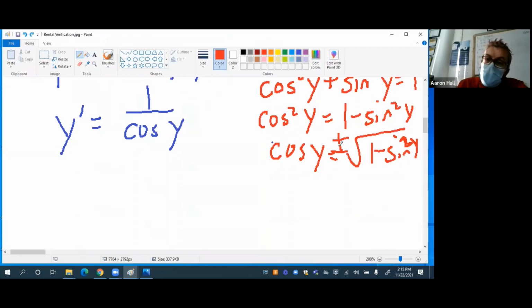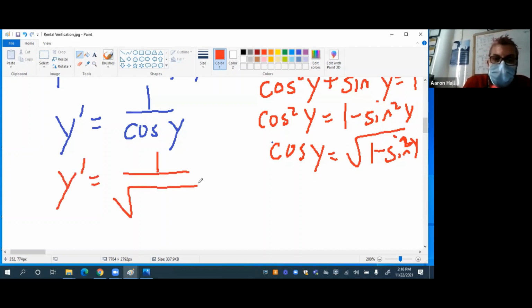So we don't need to do plus and minus, because we're only looking at the quadrants where the cosine or x value is positive. So I'm going to substitute that in. I'm going to erase all of this here and just substitute that in. So I have y prime equals 1 over the square root of 1 minus sine squared of y.